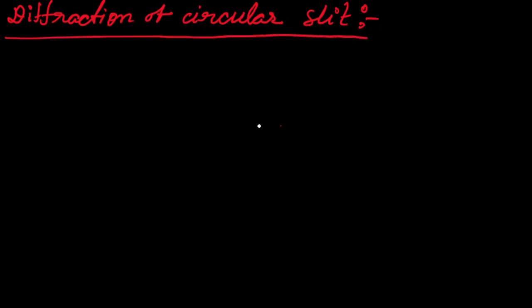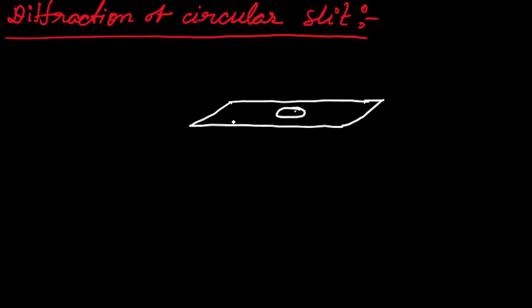So I can assume that this is our slit plane, and now we have a slit of circular shape. So only this portion is open and all other portions are closed.